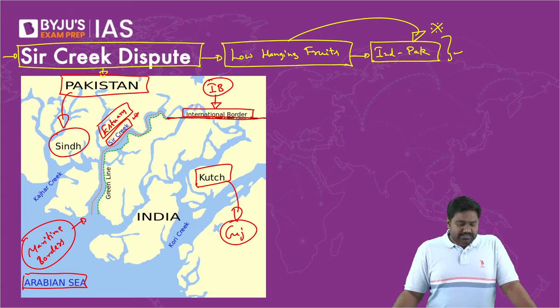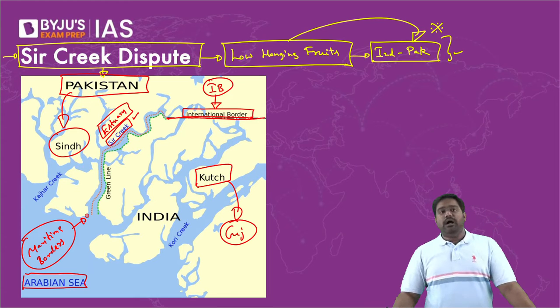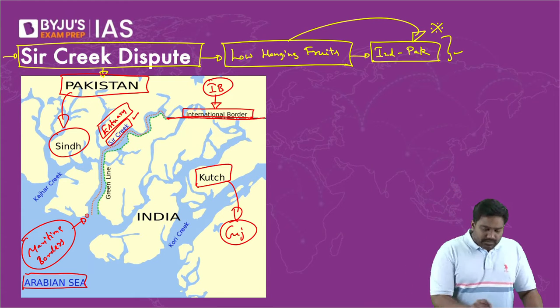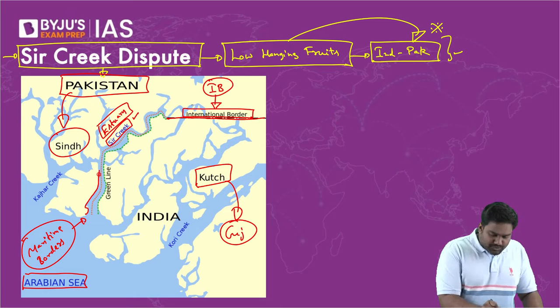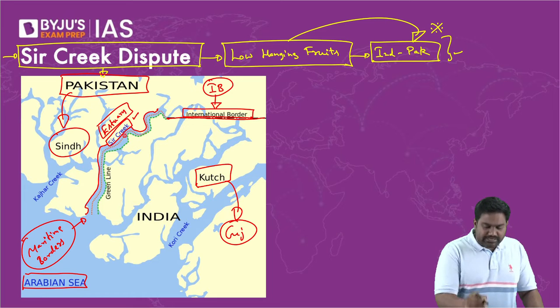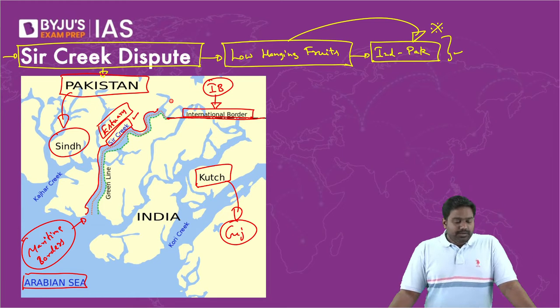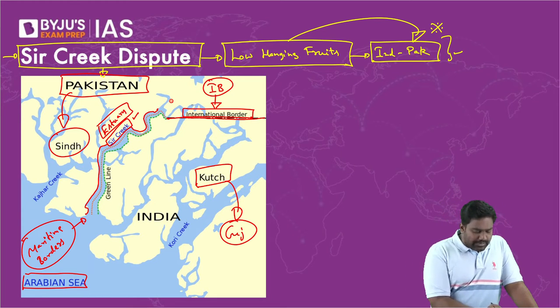Now, the problem here is that Pakistan has an unreasonable position. See, this water channel, which you can see here in the map, this is the Sir Creek area. All right, this entire water channel is the Sir Creek estuary. Now, India's position is very simple and it's in line with international law.